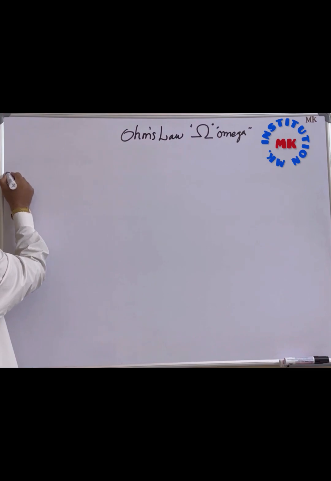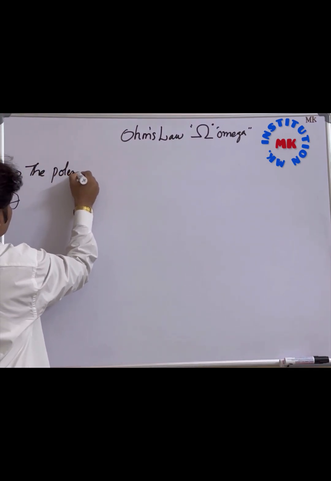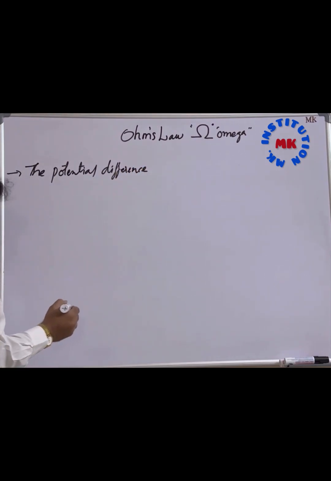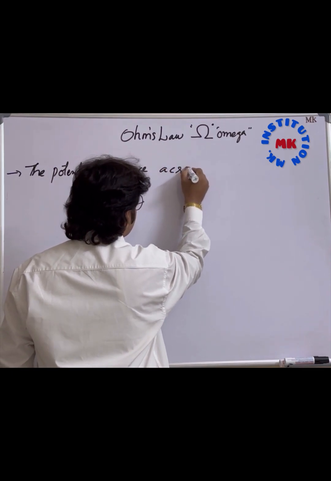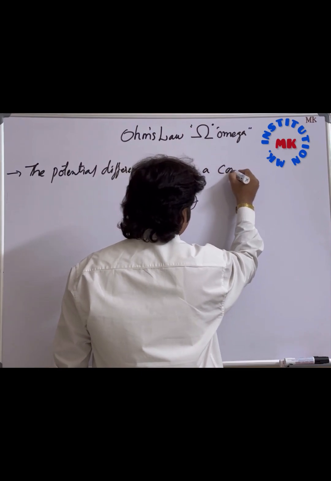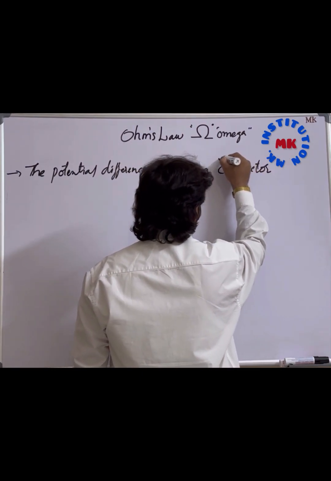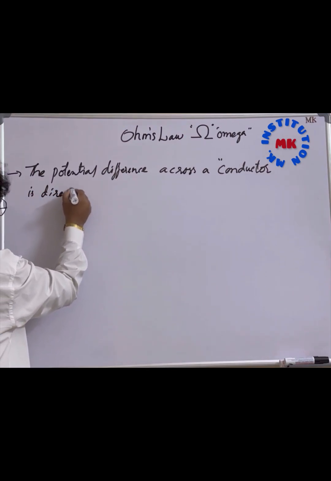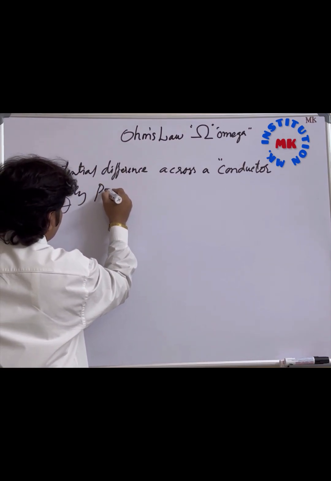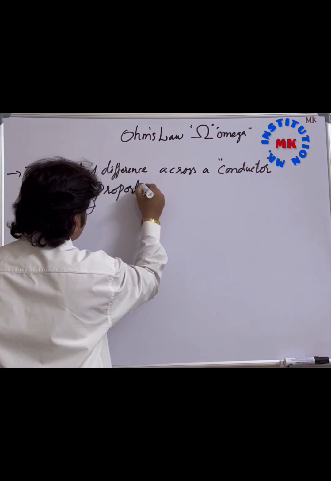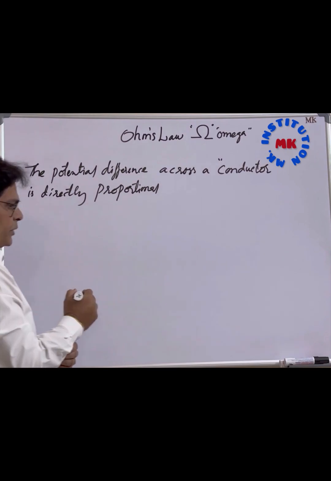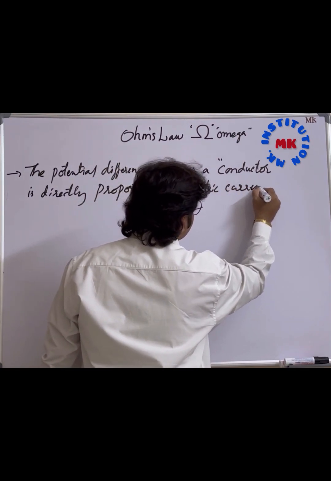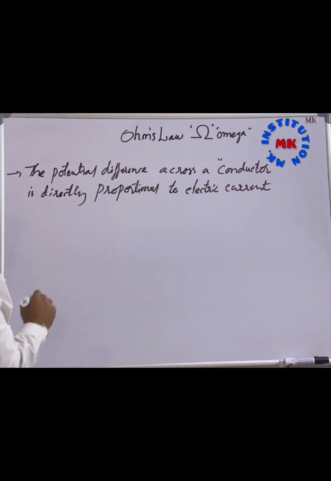The potential difference across a conductor is directly proportional to electric current at constant temperature.